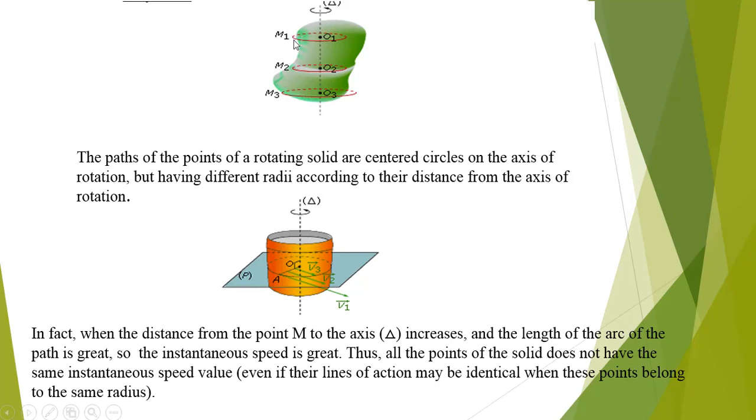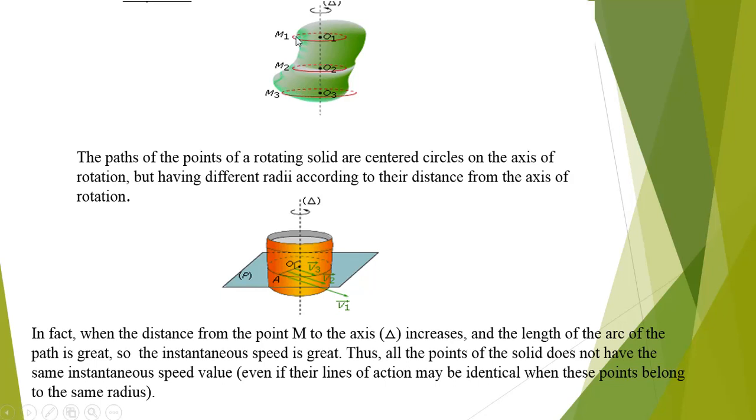M1 describes a circle of center O1 on the axis of rotation, and M2 describes another circle of center O2, and M3 describes a third circle of center O3. The paths of the points of a rotating solid are centered circles on the axis of rotation.